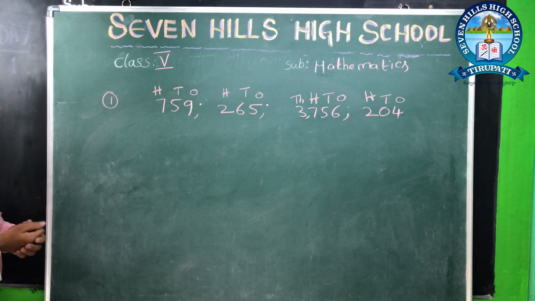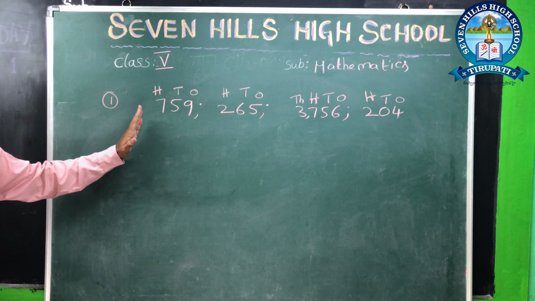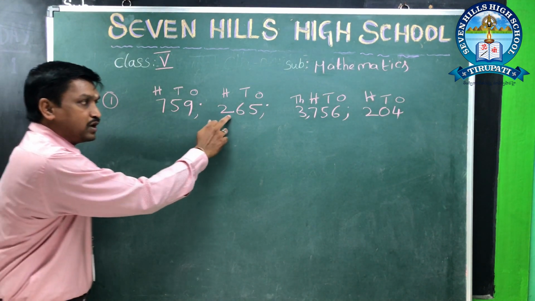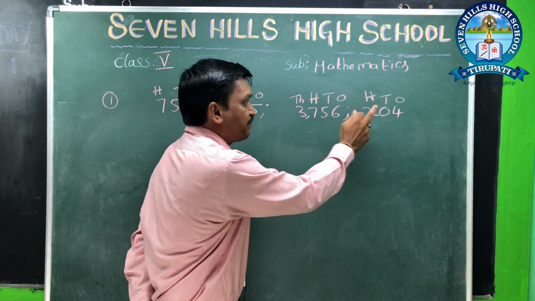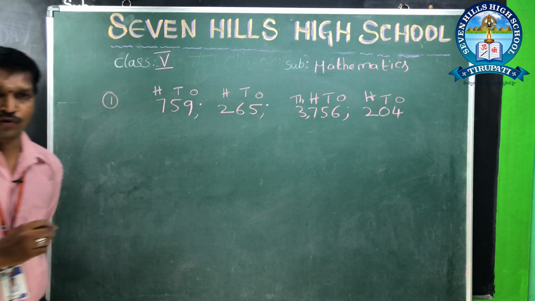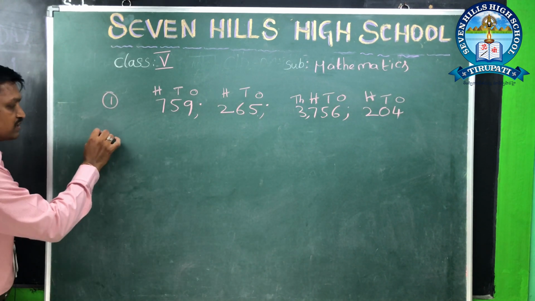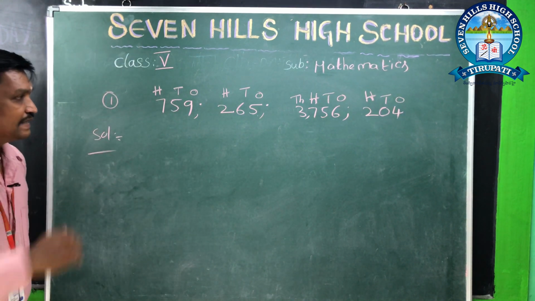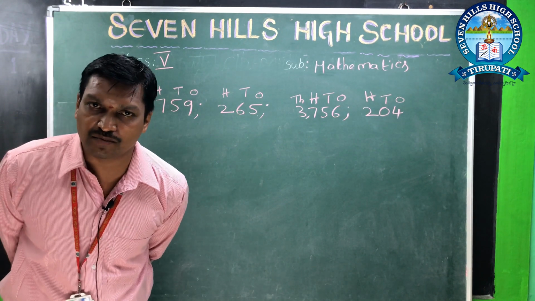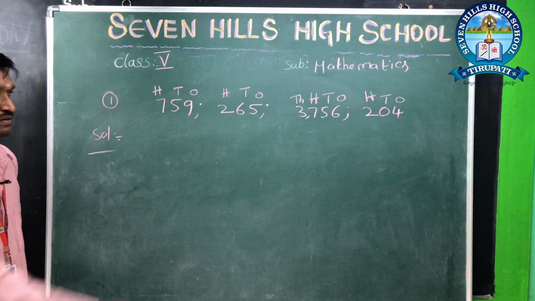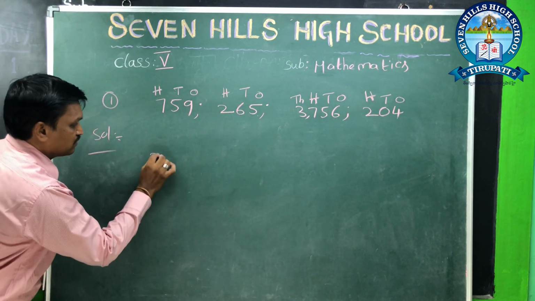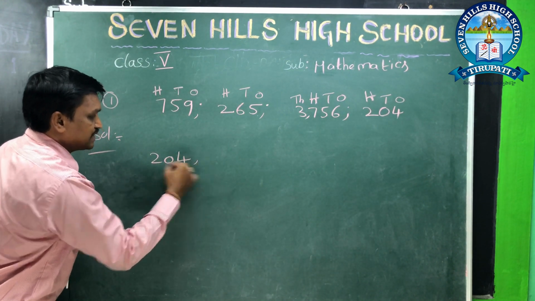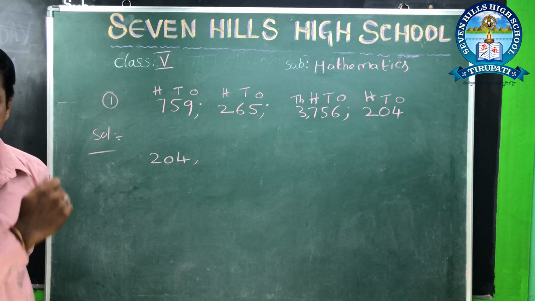Here observe: 759, 265, 3756, 204. In these four numbers, which number comes first? The first number is 204. It is the smallest number.